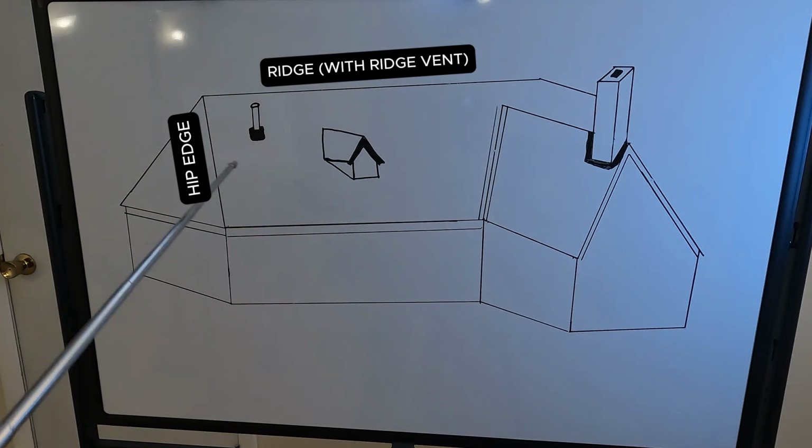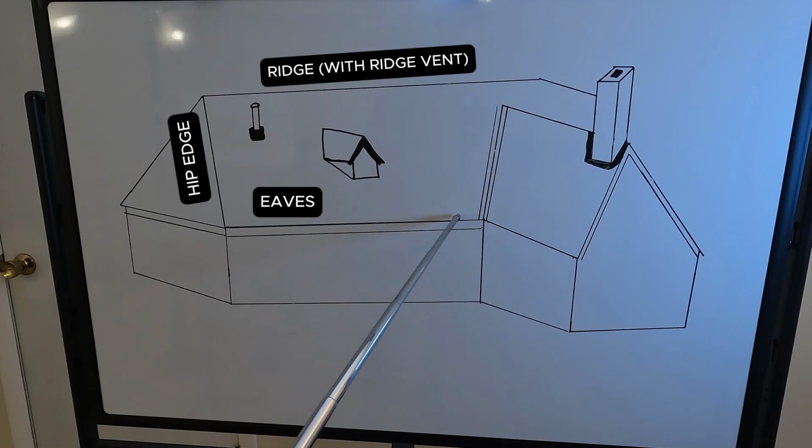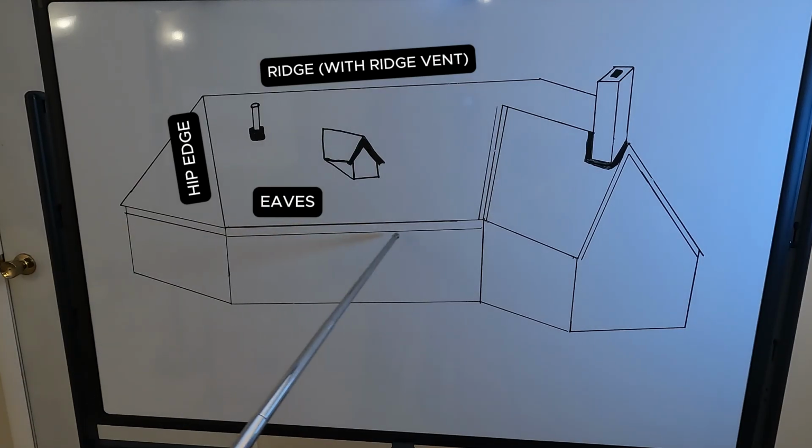Okay, so then we have the edge of your roof at the bottom, right here, running along the bottom. That is called your eave. So that would be your eave right there. And that's just where your roof ends pretty much, at the bottom. And then underneath that, you would typically see a gutter.